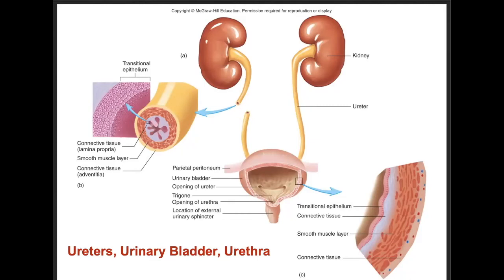So these are small tubes that carry urine from the renal pelvis of the kidney going to our bladder, or the urinary bladder.